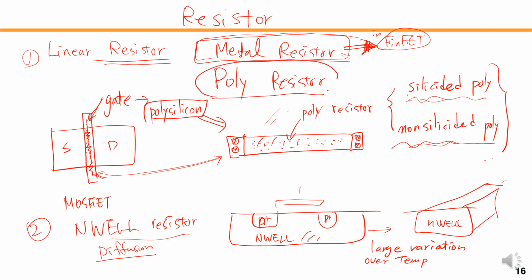We usually use the poly resistor, which has a variety of selections. The process supports many different kinds of poly resistor that give us some freedom to choose.